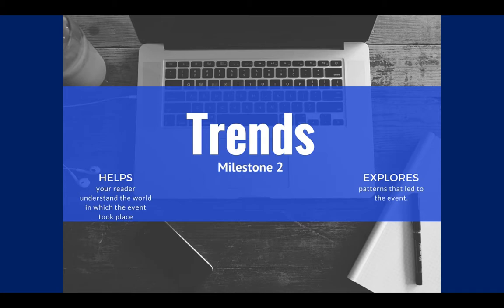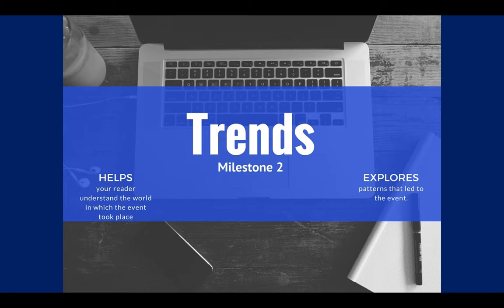It helps your reader understand the world in which the event took place, and it also explores patterns that led to the event that you are talking about. And sometimes when students hear trends, that's sometimes confusing. I know I've had students ask me, trends is like, are we talking about Facebook trends? Are we talking about trends like fashion?